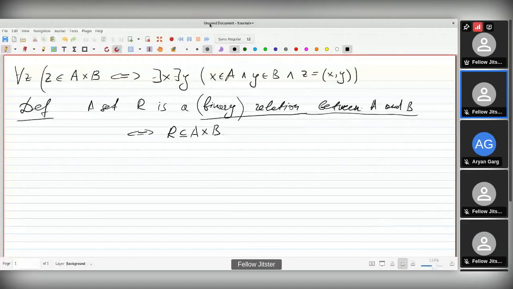A binary relation between A and B is an arbitrary subset of the product.